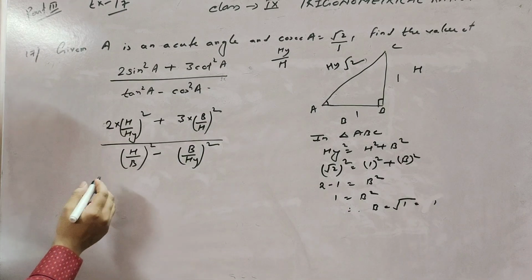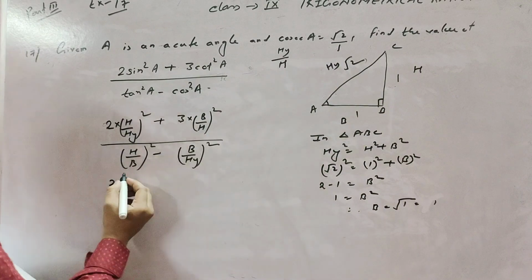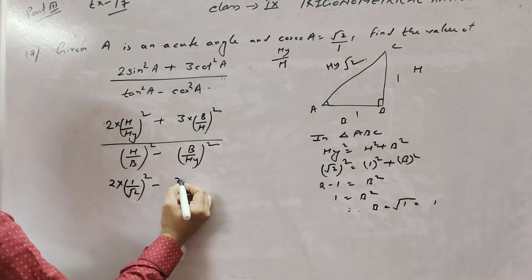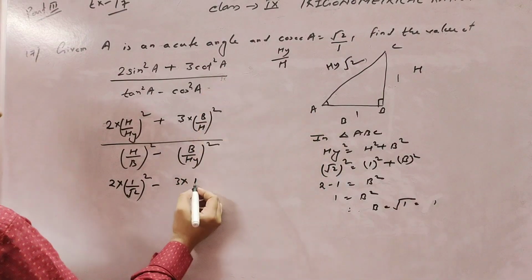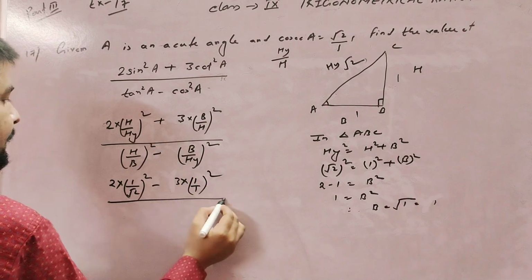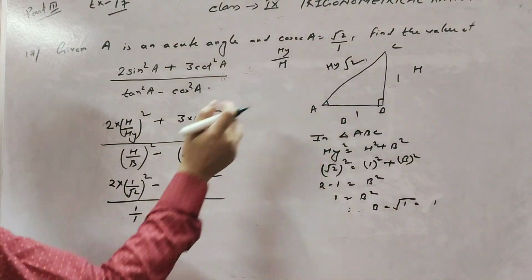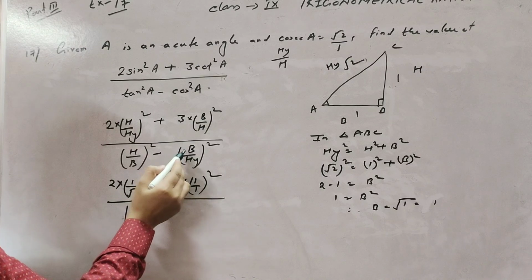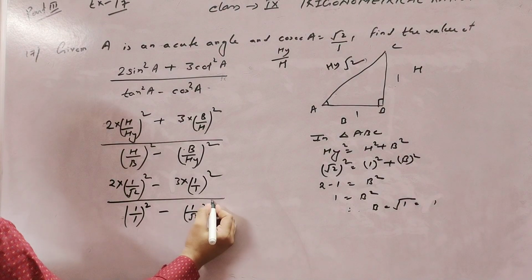Okay, so you see in place of height is 1 and hypotenuse is root 2, that means 1 by root 2 whole square, minus 3 base 1 and height is also 1. Okay, next height by base, again 1 by 1 because height is 1, base is 1, minus base by hypotenuse, base is 1 and hypotenuse is root 2 square.